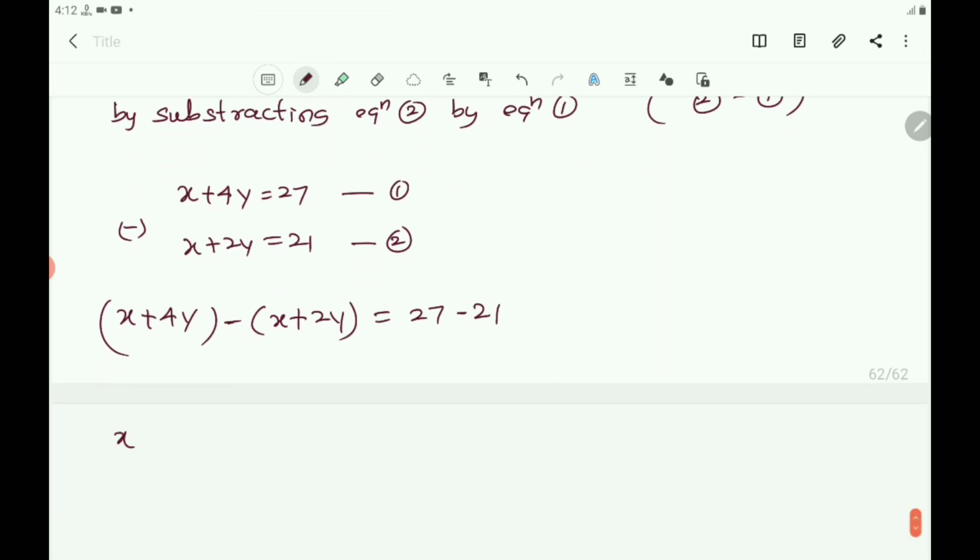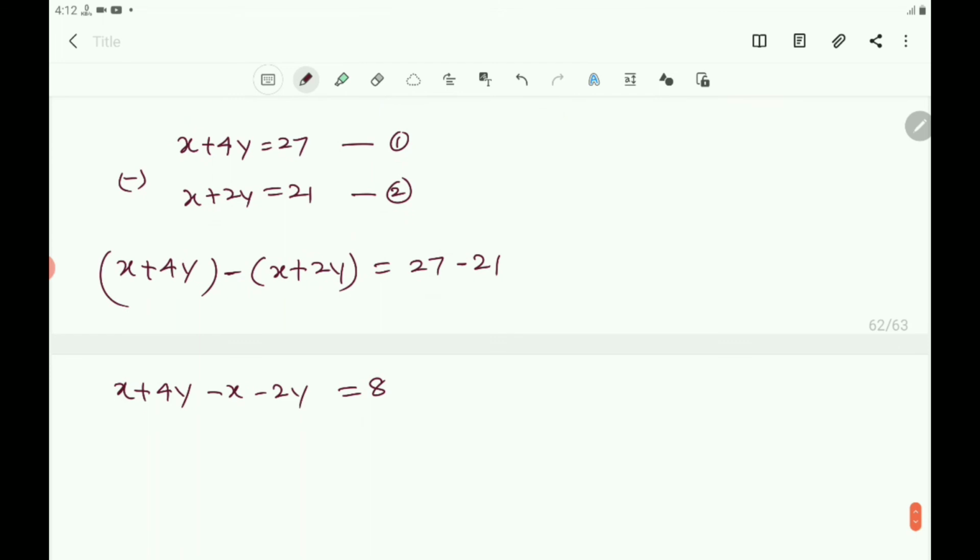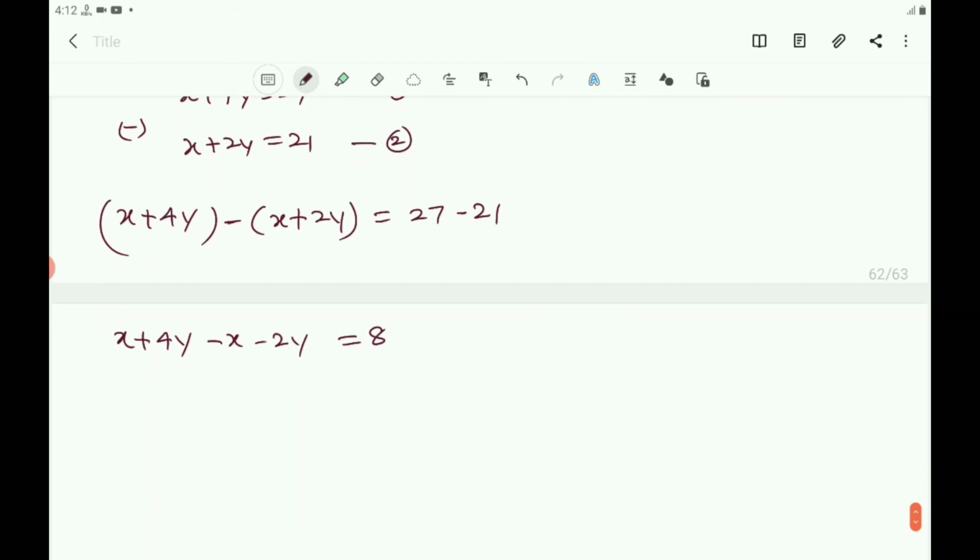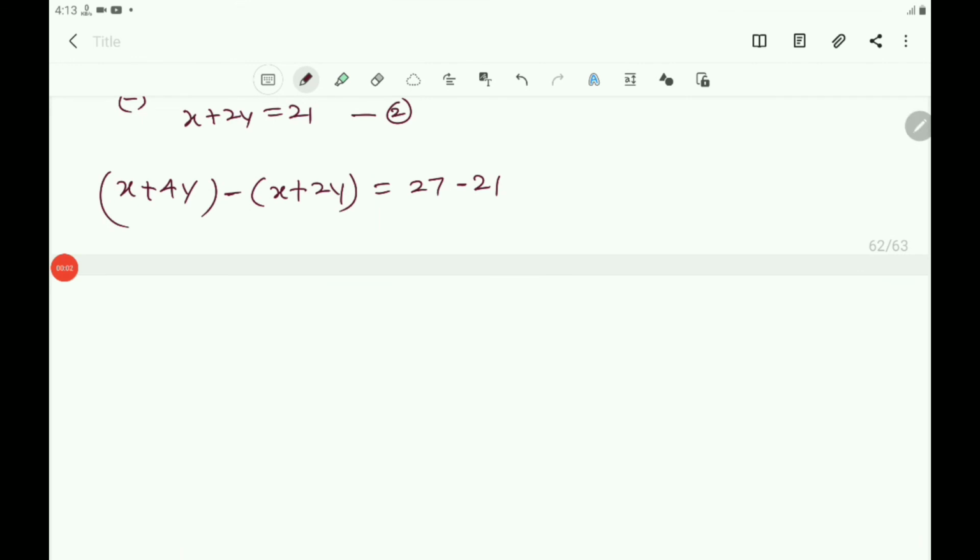Then x plus 4y minus x minus 2y equals 27 minus 21, which is 6.